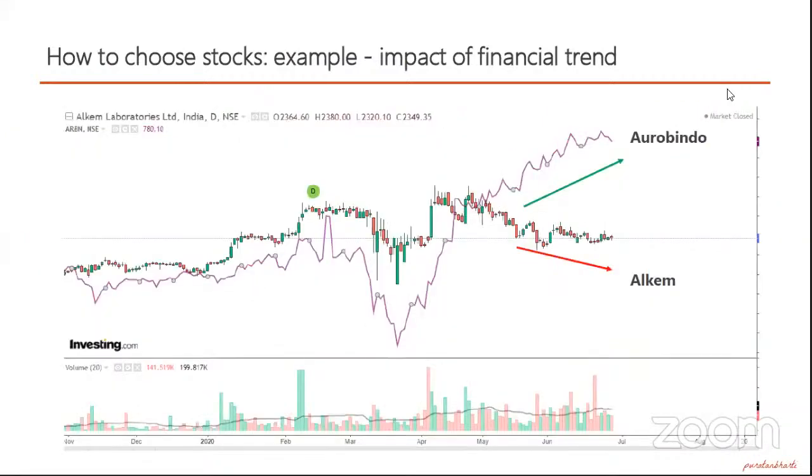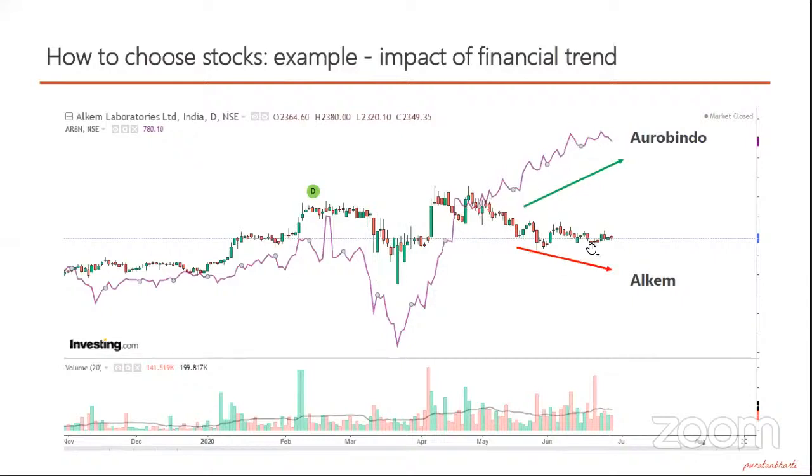All right. So I have just put a comparative chart here. This is from investing.com. The one that you see in the red and green is the Alchem, and I compared in the magenta color, which is Aurobindo. See what happened. They declare results at the same time. The Aurobindo Pharma shoots up, and what happens to the Alchem?